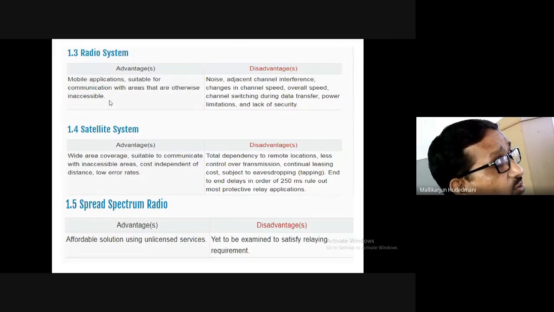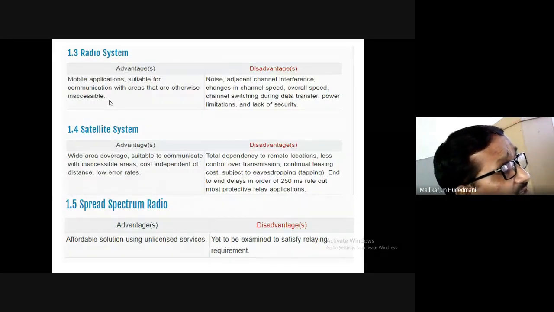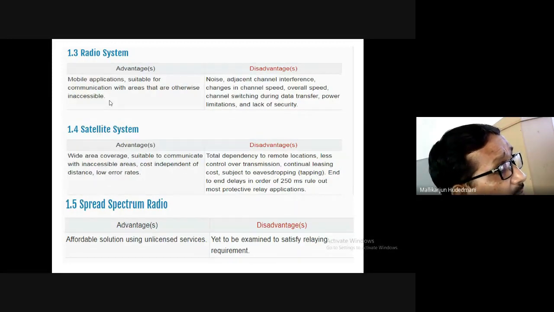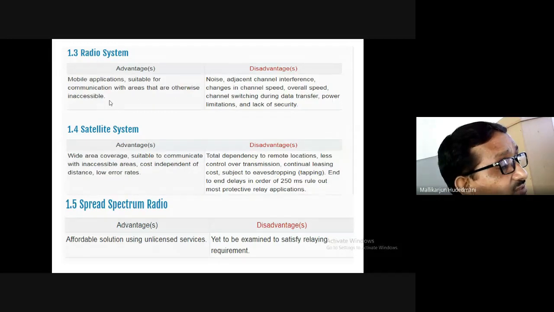So in a remote area where the resource is, we can imagine point to point satellite communication. It covers a wide area and is suitable to communicate with inaccessible areas, where there is very limited scope to reach the locality, but you would like to communicate for its appropriate operation and requirement. Hence it is useful, and cost is independent of distance.